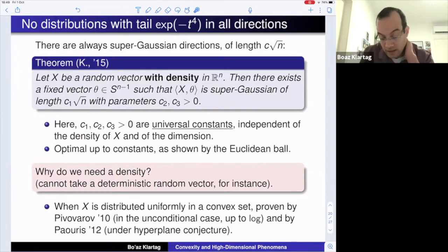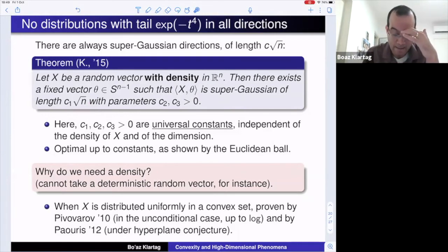That's it. Then, under this almost no assumption at all, we can assert that there exists a certain direction theta, such that x times theta, this random variable, is Supergaussian of length root of n. And there are some universal numerical constants, independent of anything, that I need to put around this formula.